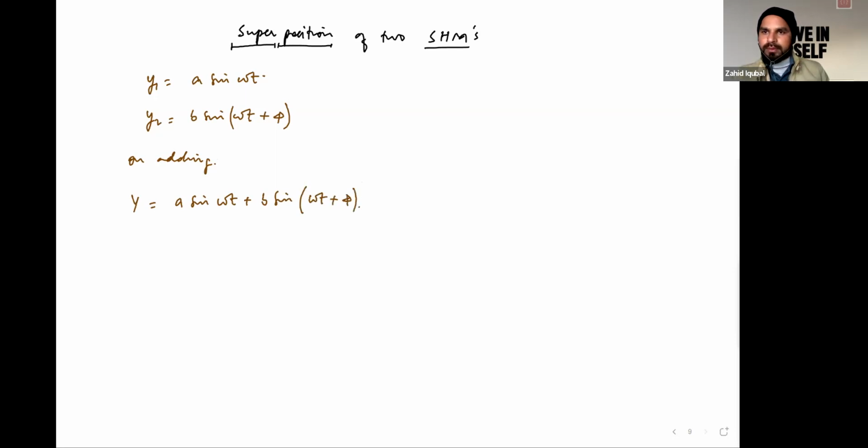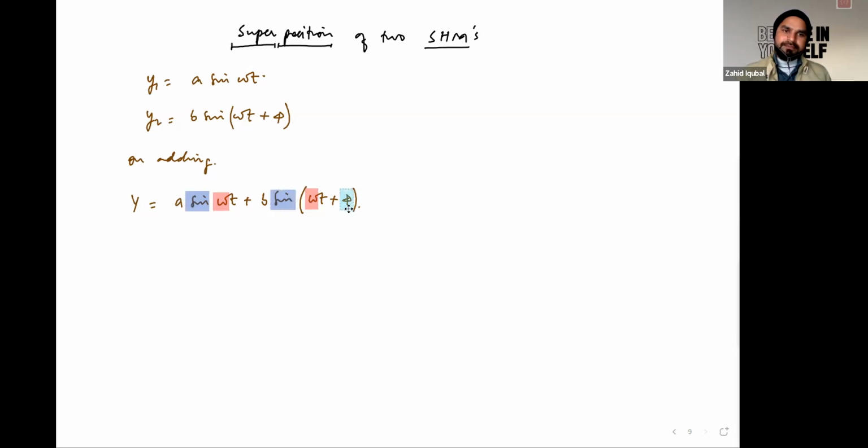In this part, we have same omega for this one and this one. It means angular frequency of these two terms is same. Next, we have same function sine and sine for these two parts. Only difference is their phase difference, that is phi.